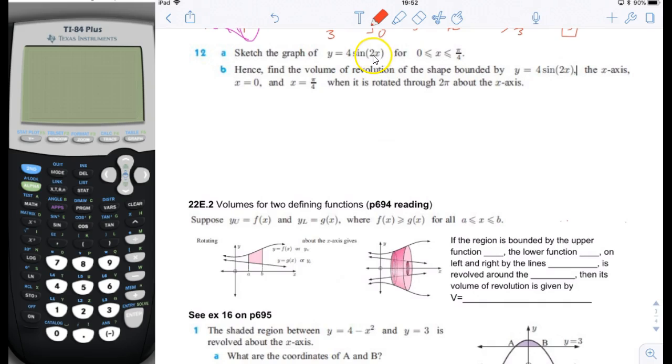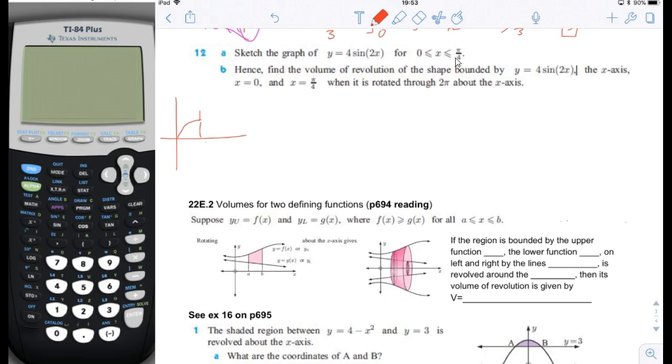So instead of going from 0 to 2 pi, this sine function goes from 0 to pi. In the domain 0 to pi over 4, it will complete 1/4 of a cycle.